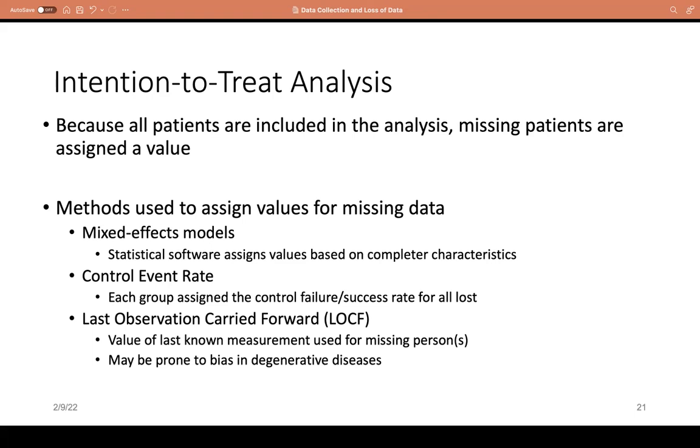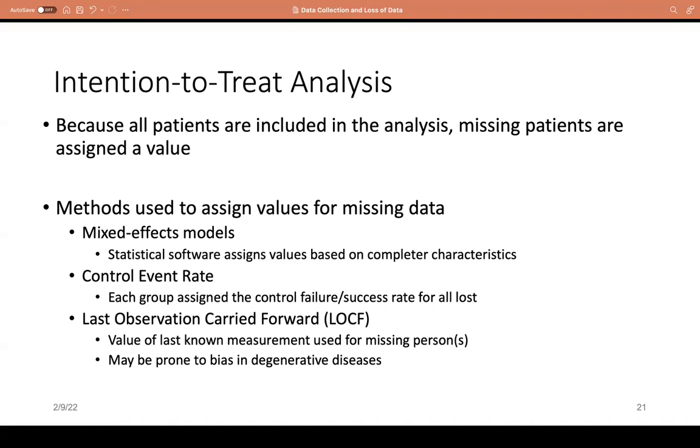They'll sometimes use what are called mixed effects models, which you can use statistical software for to assign a value to people. Often you'll also hear about what's called last observation carried forward, which I think is fairly intuitive. Basically, you look at the last data that you have, and people continue to have those outcomes, which doesn't work for everybody.